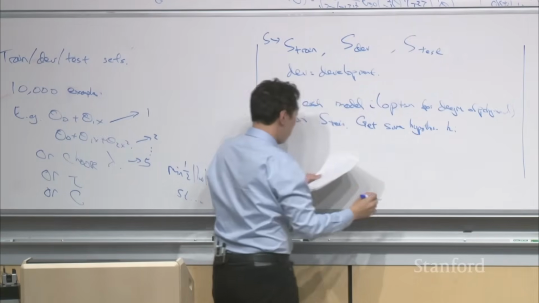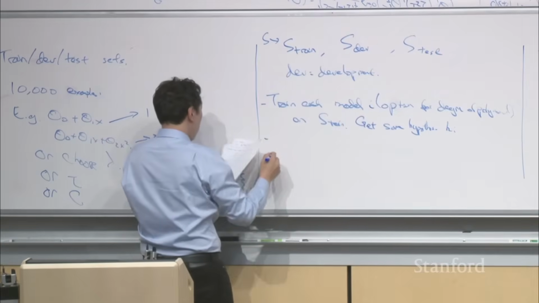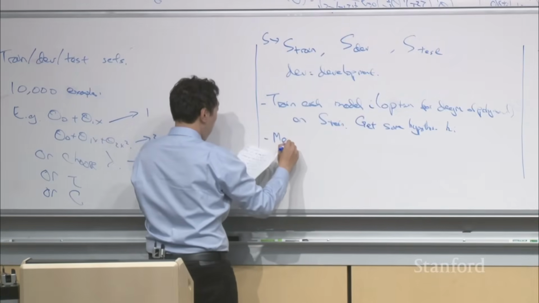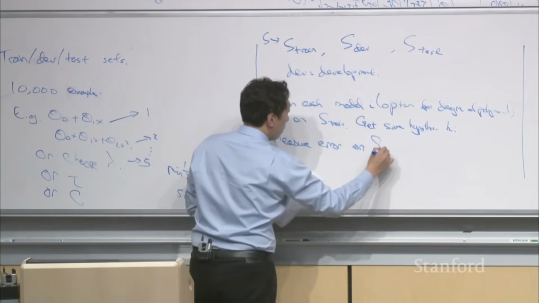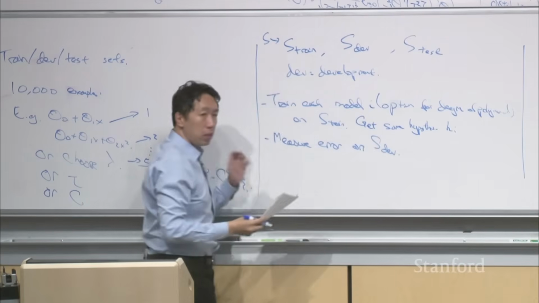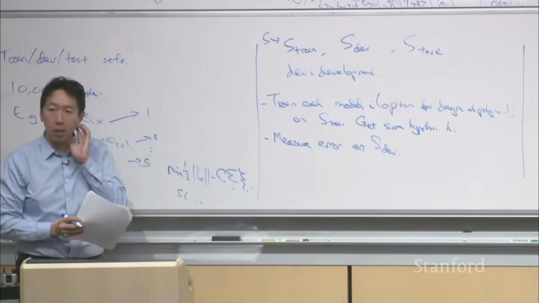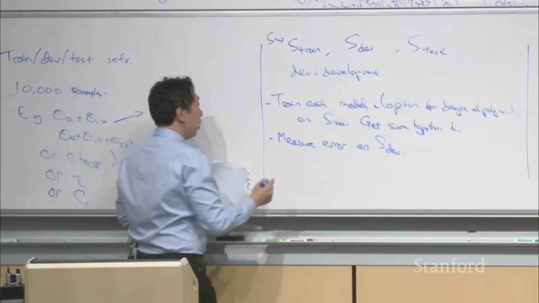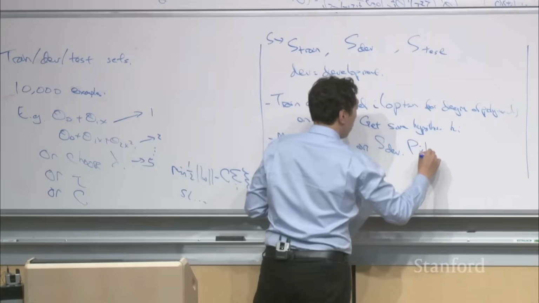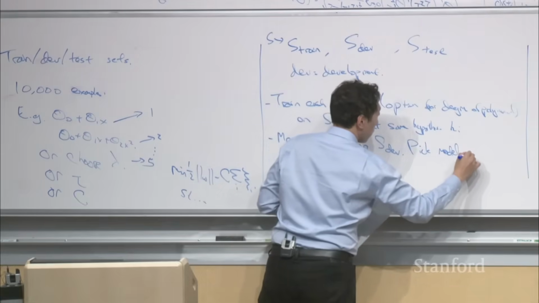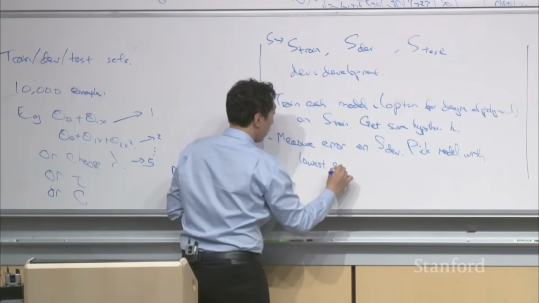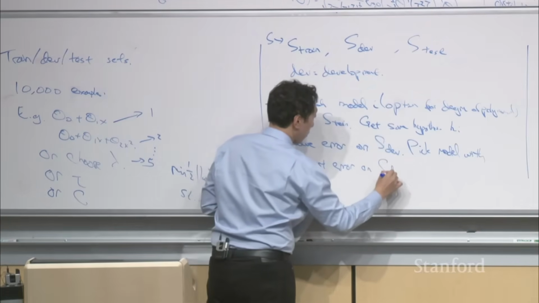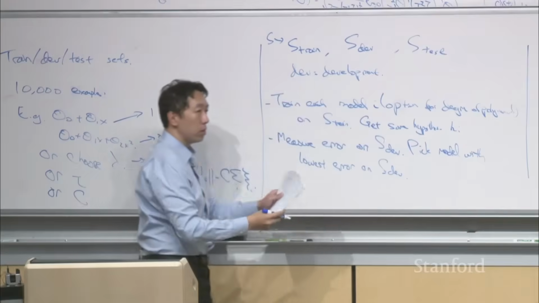Let's call it h_i. And then measure the error on S dev, which is the second subset of your data called the development set, and pick the one with the lowest error. Okay.